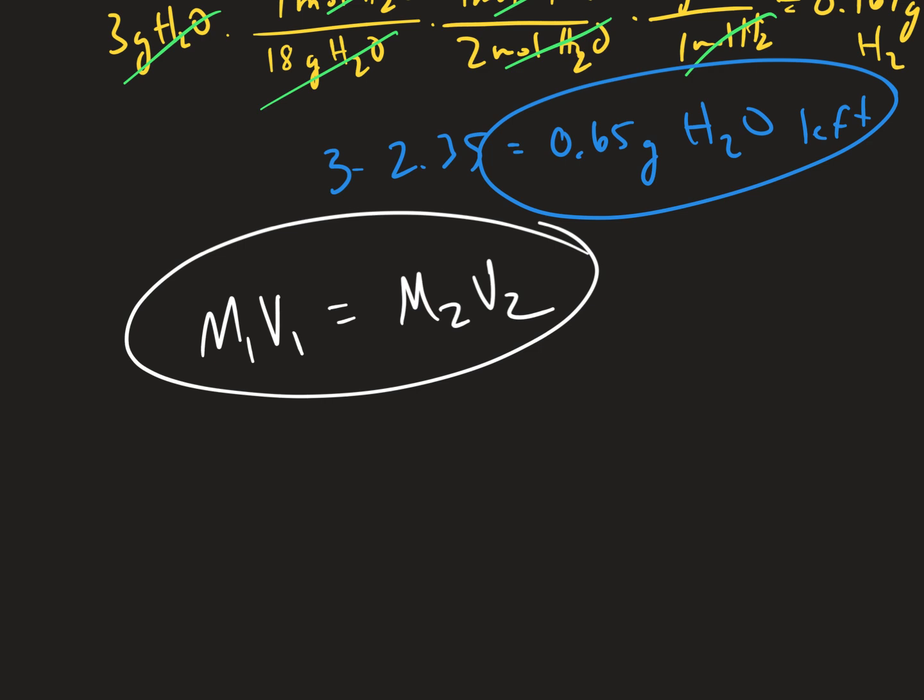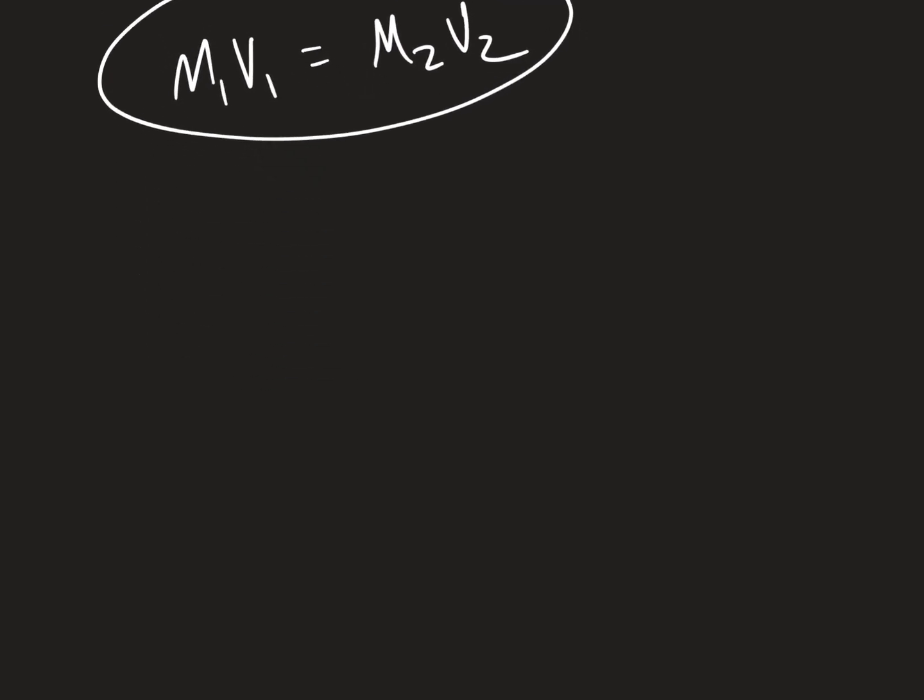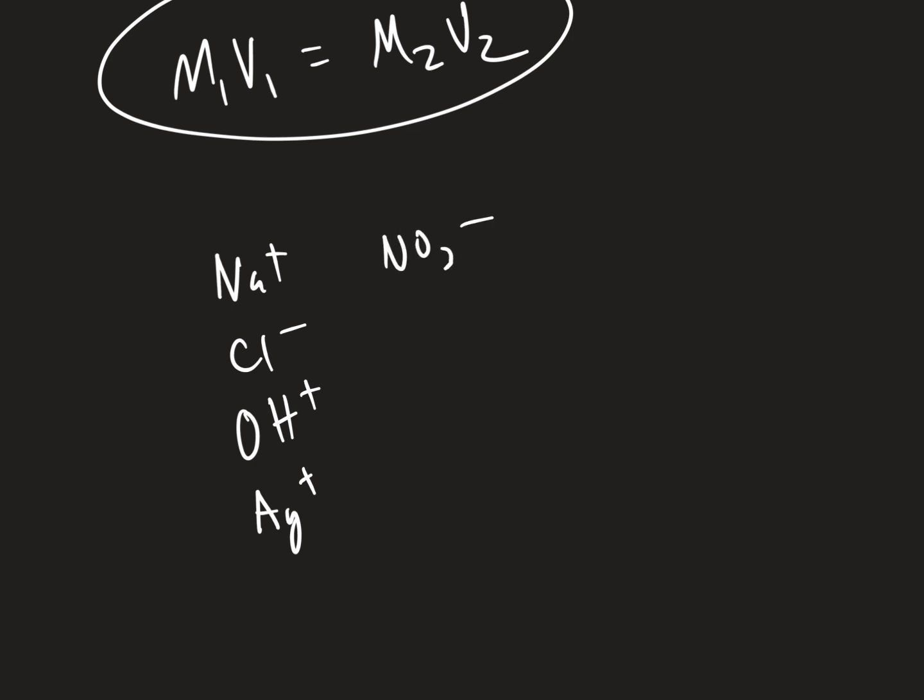So you've had this on critical chemistry. They'll give you a list of ions, and they'll say, which of the following will form a precipitate? Do you understand what I'm asking? So if you have Na plus, Cl minus, OH minus, and let's say Ag plus, and NO3 minus, whatever.